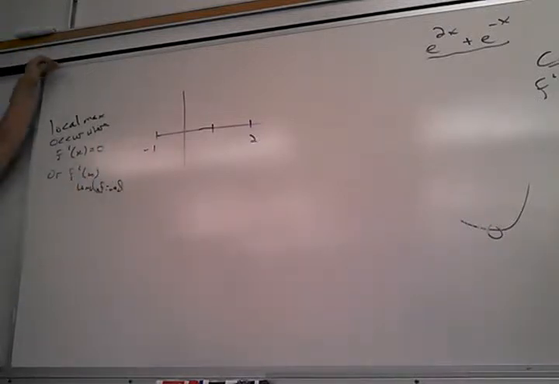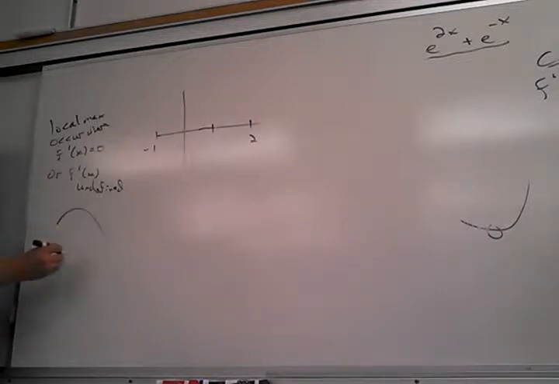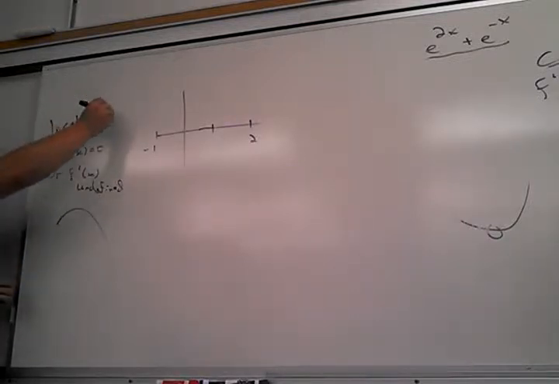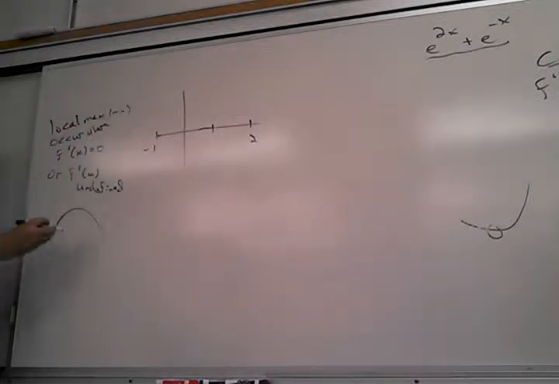I could have a local max that looks like this, and the same for a min, or I could have something like this, where the derivative is not defined. That's a cusp, but it's still a local max.